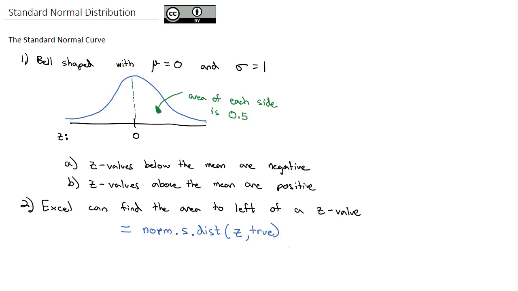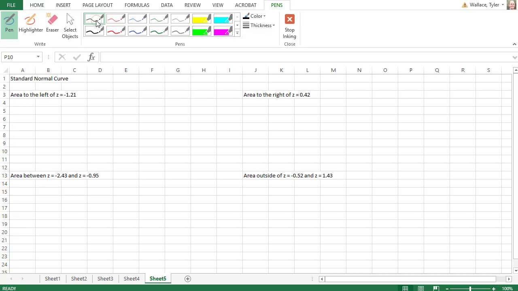Let's take a look at how we can use Excel then to find areas of different parts of the normal distribution. For each of these problems, before we go right to finding the area, it is very helpful to draw a picture to model what we're looking for. So this first one's asking for the area to the left of negative 1.21. So if I were to draw a picture of the normal curve with 0 in the middle, we want the area to the left of negative 1.21.